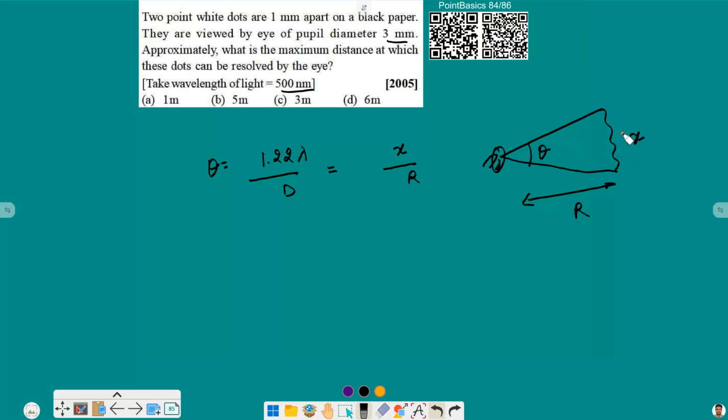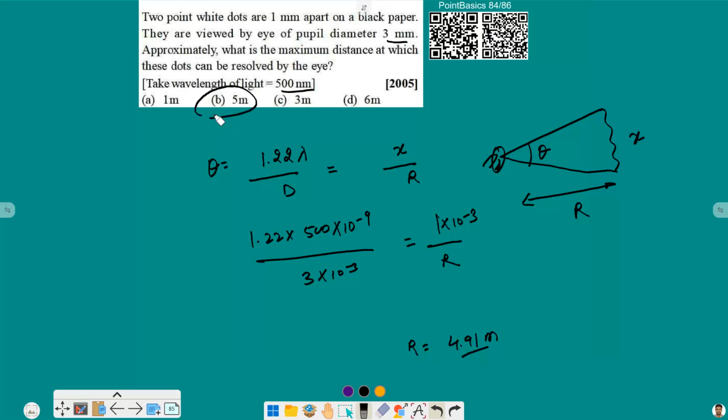So here angle theta will be x by r, and that is the resolving limit of the eye, that is 1.22 lambda by d. So that will be 1.22 times 500 times 10 raised to power minus 9 by the diameter, here that is 3 times 10 raised to power minus 3, is equal to x, that is 1 mm apart, so 1 times 10 raised to power minus 3, divided by r. From this, when we solve for r, we will get 4.91 meter. That is comparable to option B, which is given as 5 meter.